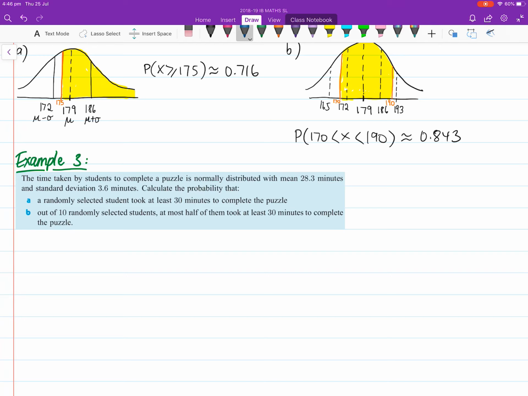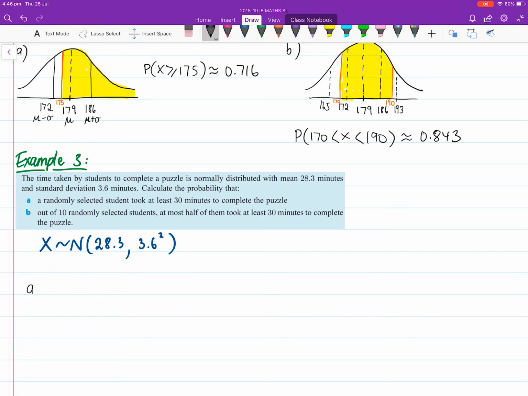So what have we got? We've got x, which is normally distributed with a mean of 28.3 and a standard deviation of 3.6. Okay, so you've really just got to use the calculator here. It's fairly straightforward.